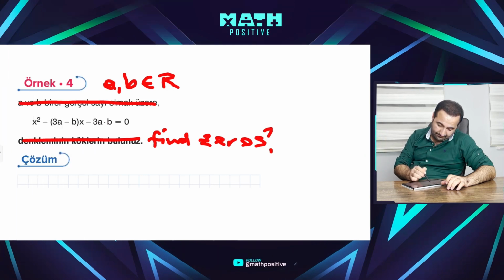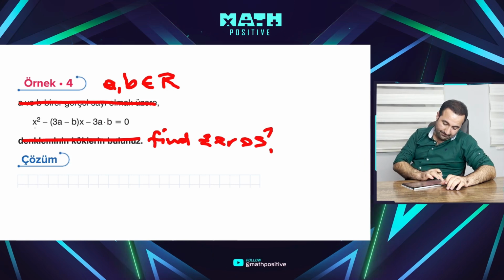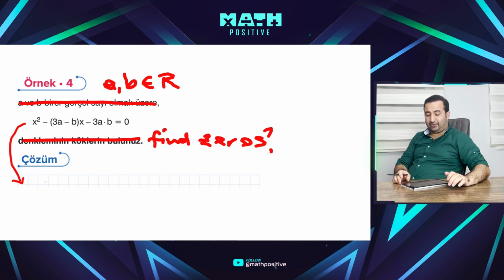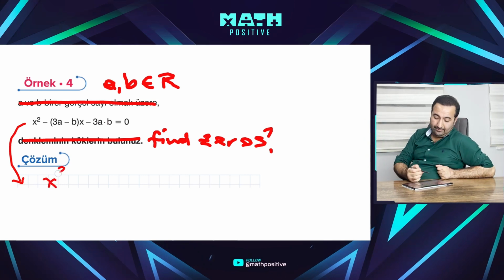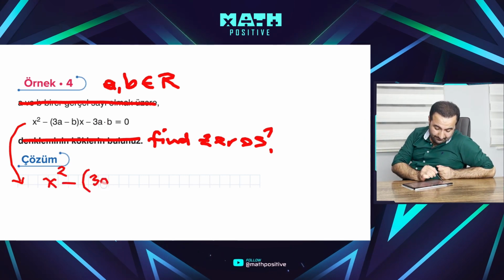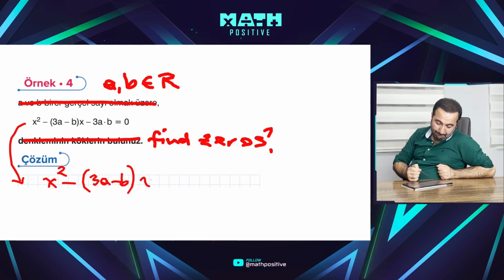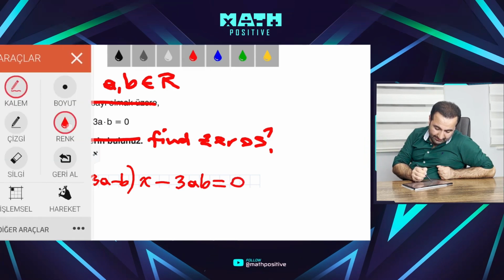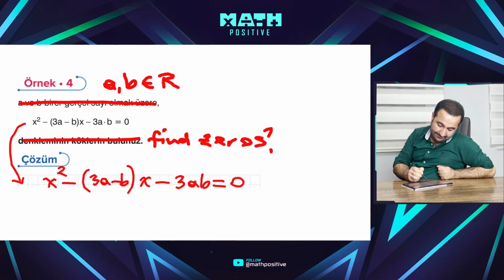Find zeros. Okay, this is non-factorized yet. We should have factorized this. It is x squared minus 3a minus b times x minus 3ab equals 0.